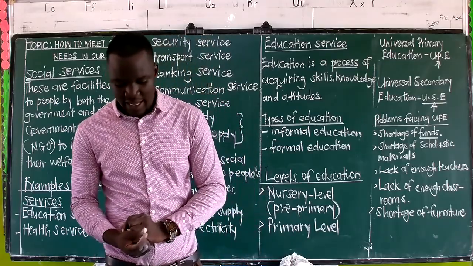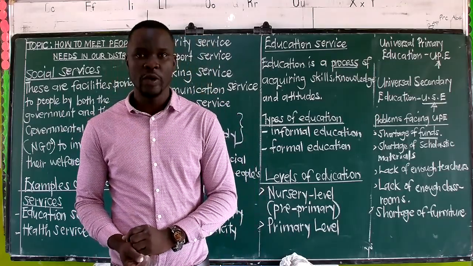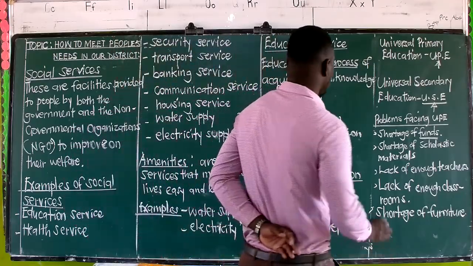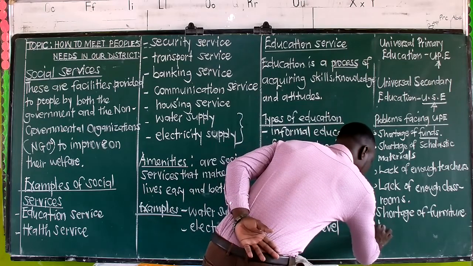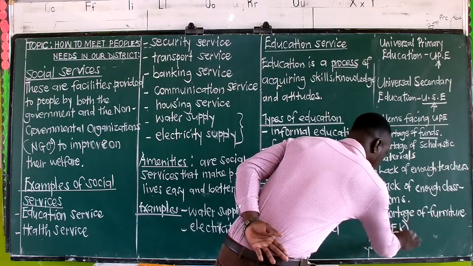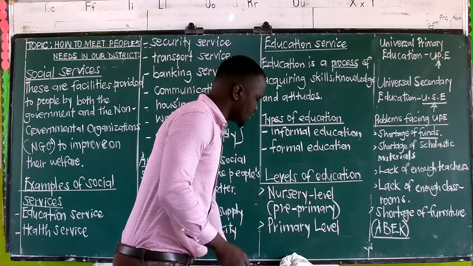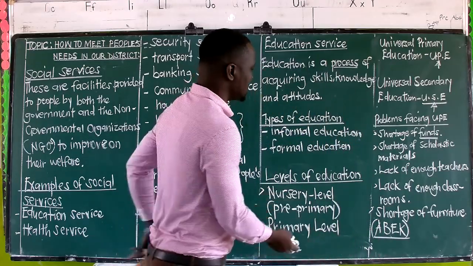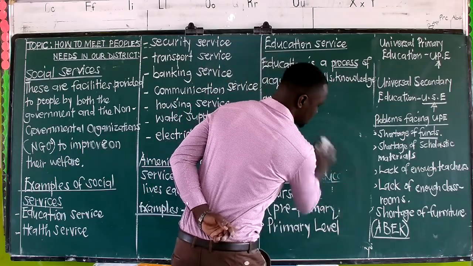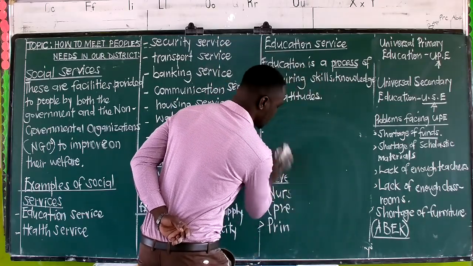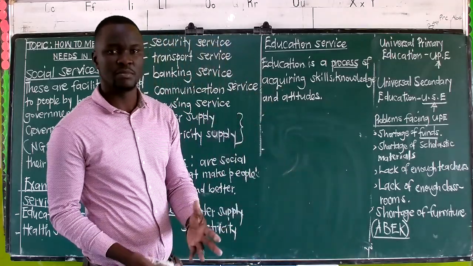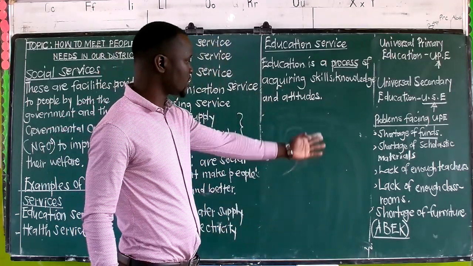Of course, remember, on page 45, we are given what we call ABEK, that is Alternative Basic Education for Karamoja. We are now going to look at the solutions, or what the government is trying to do to solve those problems that we have talked about. The problems are there, but the government is trying its best to make sure these problems are addressed.